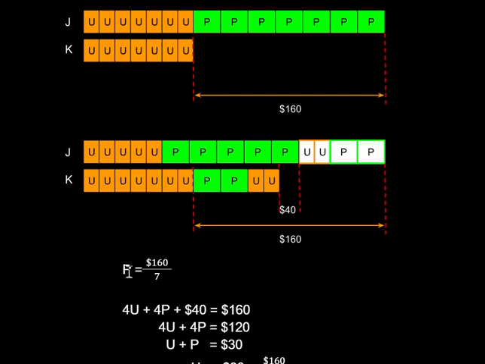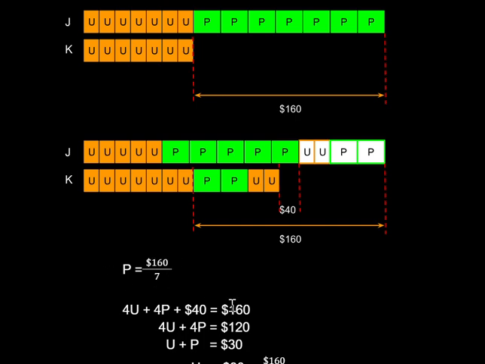First, we know that P is equal to 160 divided by 7. I didn't work out the answer of 160 by 7 because it will give me a fraction, which I try to avoid. I'm more interested to know that P is equal to 160 divided by 7.